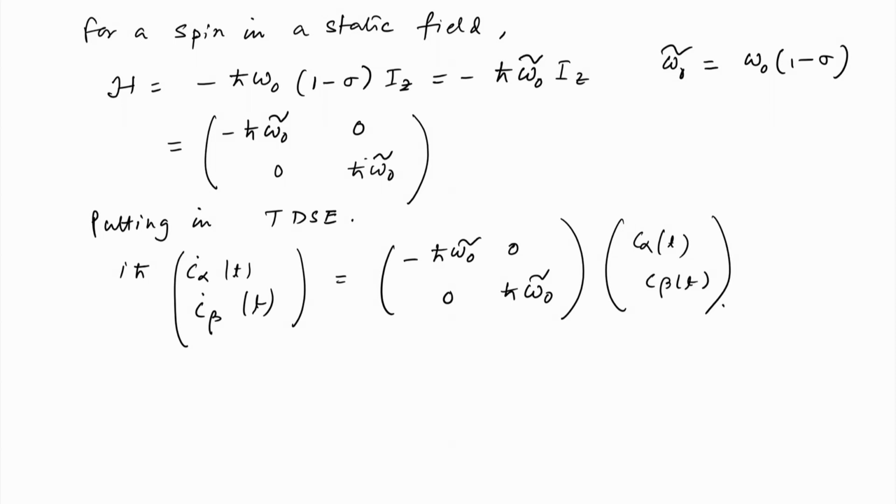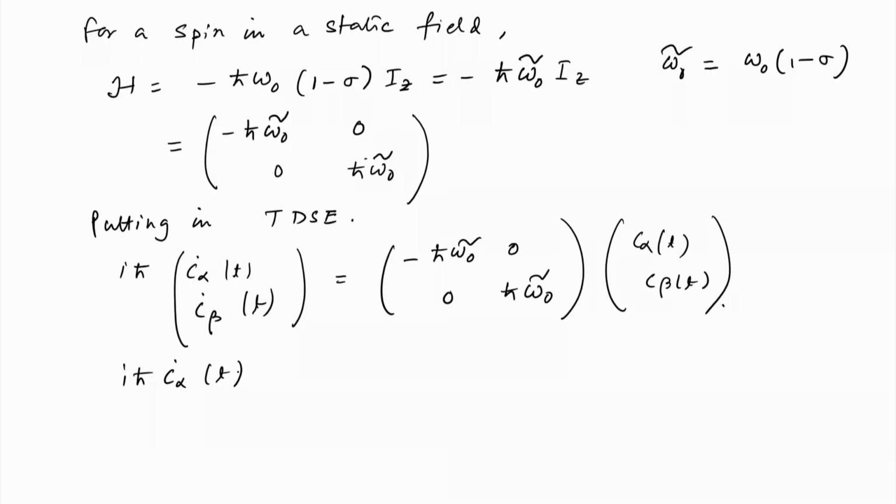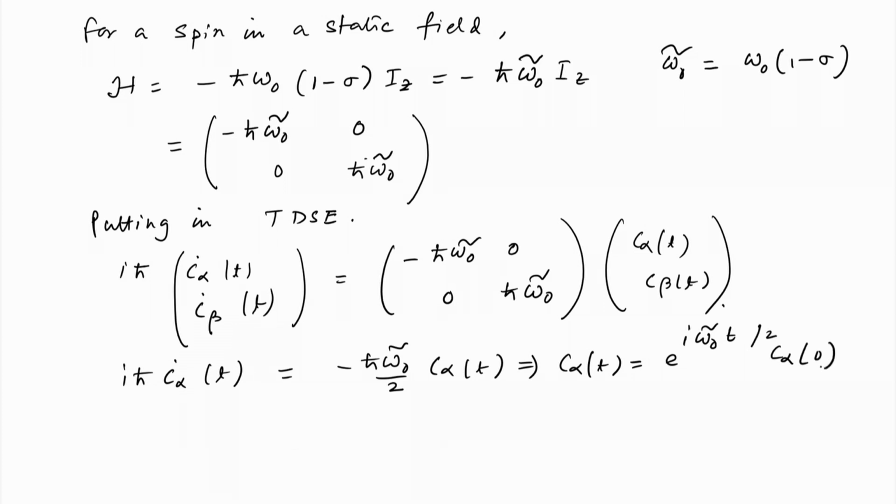So, if you open this up, this actually reduces to uncoupled equations. The uncoupled equations are iħ Cα dot(t) equal to minus ħω₀ by 2 Cα(t), with the solution that Cα(t) becomes equal to exponential iω̃₀t by 2 Cα(0).